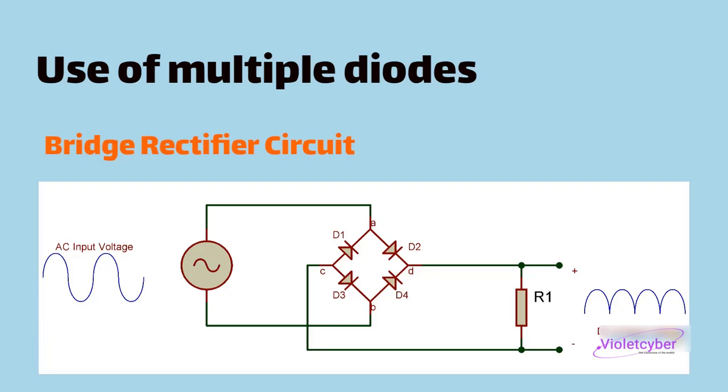This circuit converts AC to DC so that both the positive and negative half cycles of the AC signal are turned into a positive DC output. Reduced ripple. The DC output from a bridge rectifier has less fluctuation, requiring fewer filters. Applications. Used in AC to DC power supplies, power circuits, and industrial circuits.